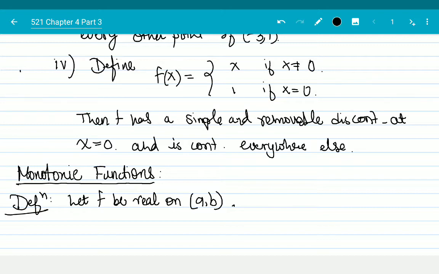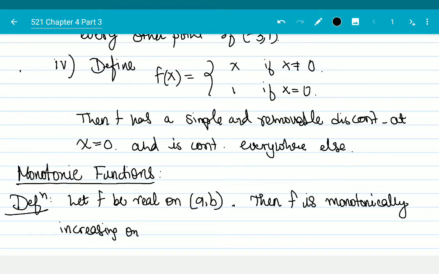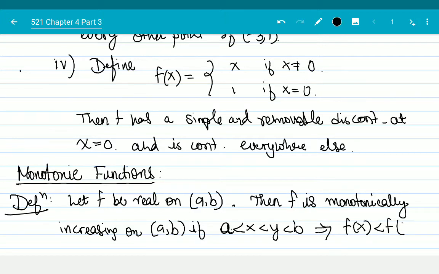And f is said to be monotonically increasing on a, b if a smaller than x smaller than y smaller than b implies f of x smaller than or equal to f of y.